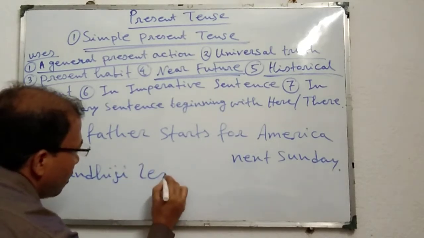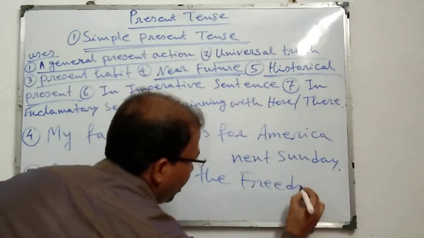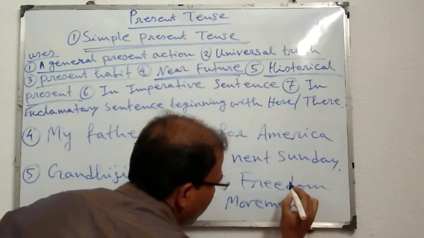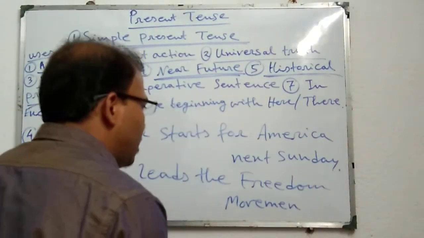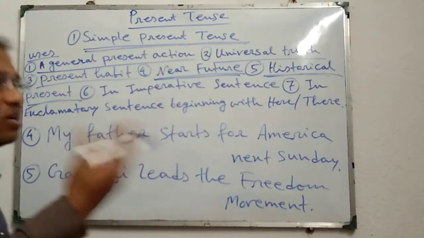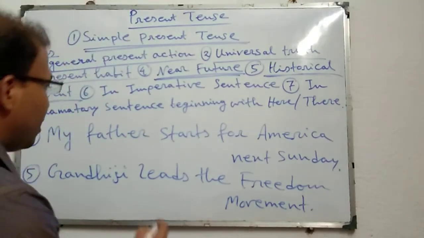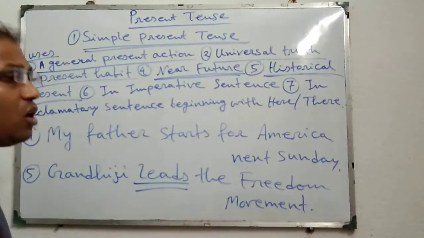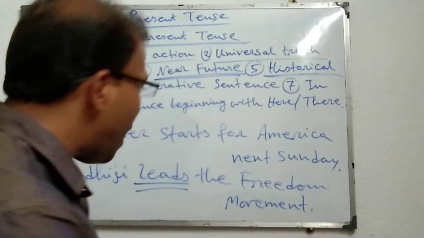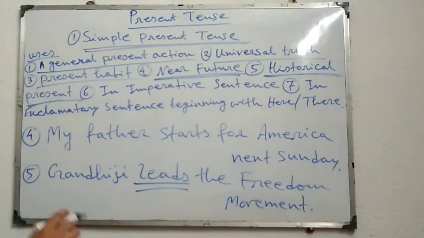Gandhiji leads the freedom movement. Look at this sentence. It happened in the past. It is actually a historical event, but the speaker is using simple present tense because he wants to emphasize that it is happening now, and it is called historical present.